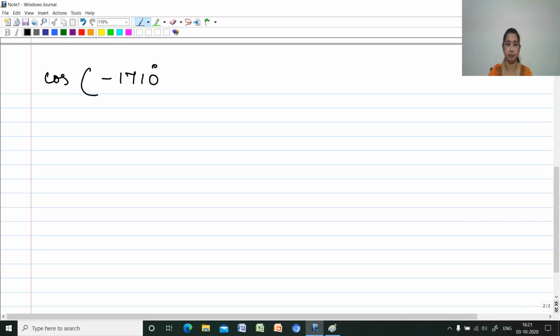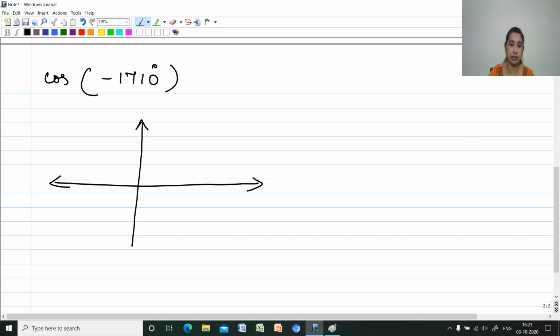Let it be cos of minus 1710 degree. So what do you mean by minus sign? I told you minus sign means it is moving in the clockwise direction. So from here, moving this way, this is one time, but it is a negative angle because it is moving in the clockwise direction.